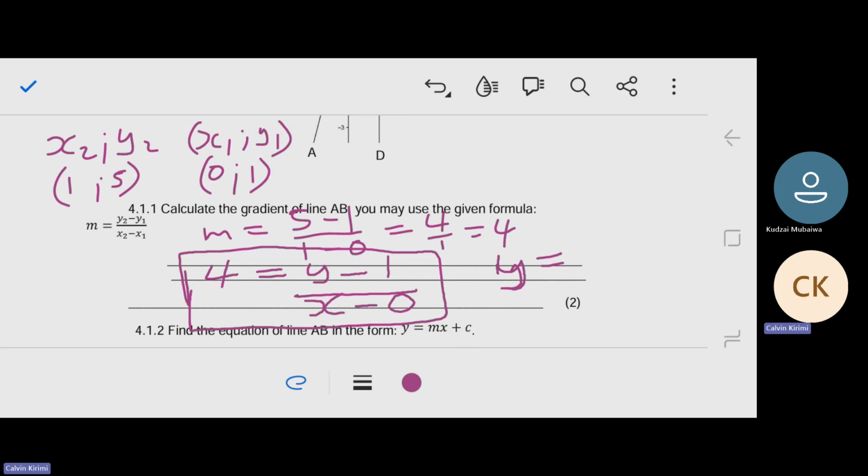So first you replace where there is m, you put a 4. But where there is y2 and x2, you don't write x2 and y2. Where there is 5, you put y. Where there is 1, you put x. Then the other numbers stay the same. Because you want to write it in terms of y is equals to mx plus c.